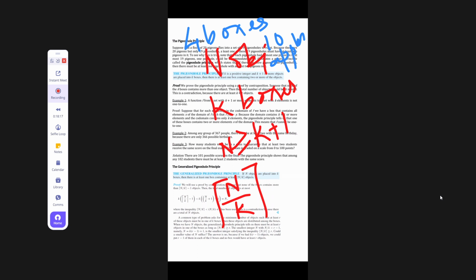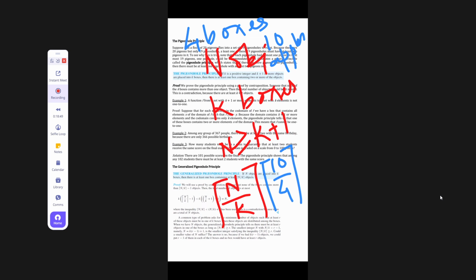So what would the statement be? At least one box will have at least ceiling of 10 by 4 apples. 10 by 4 gives you 2.5. Ceiling of 2.5 means the smallest integer greater than 2.5, which is 3.